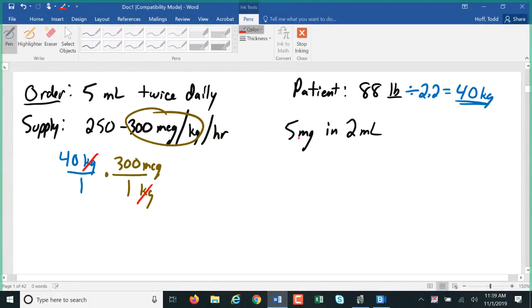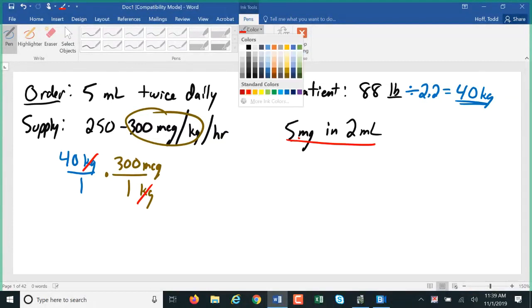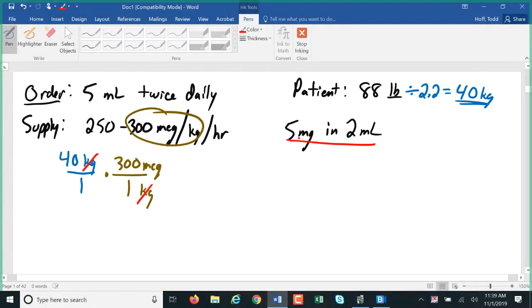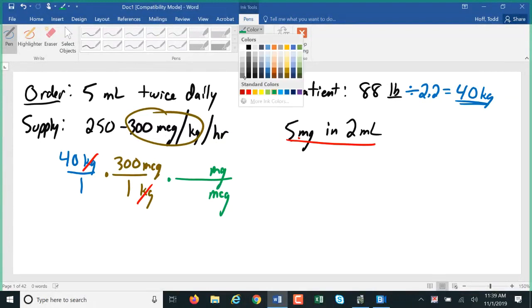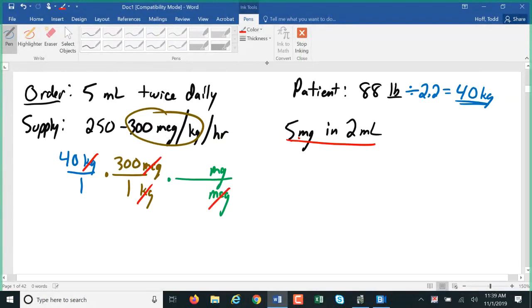Now the rest of our label is milligrams to milliliters, so we need to convert those micrograms into milligrams. The micrograms go on bottom so that they will cancel out. Remember, the milligram is the larger unit, so I put the 1 with the milligram. There are 1,000 micrograms in 1 milligram.